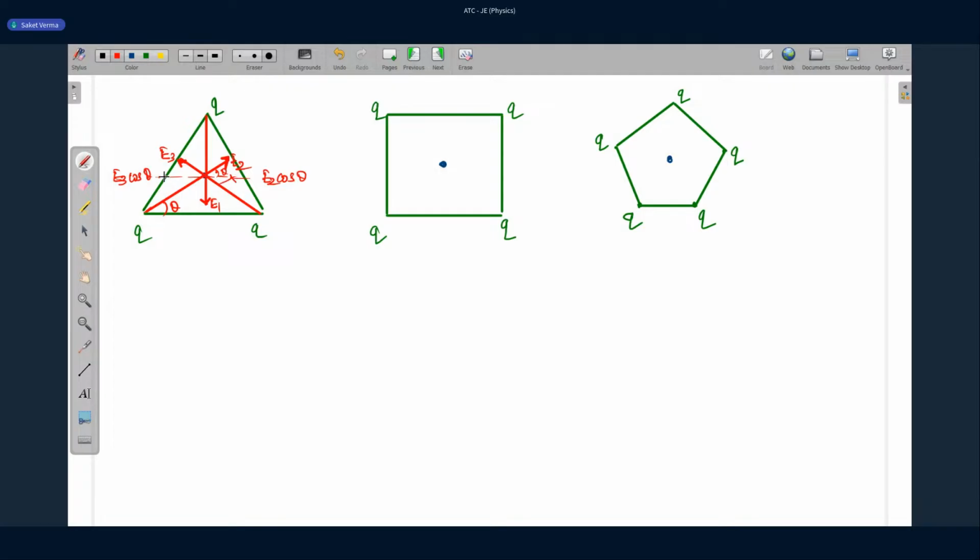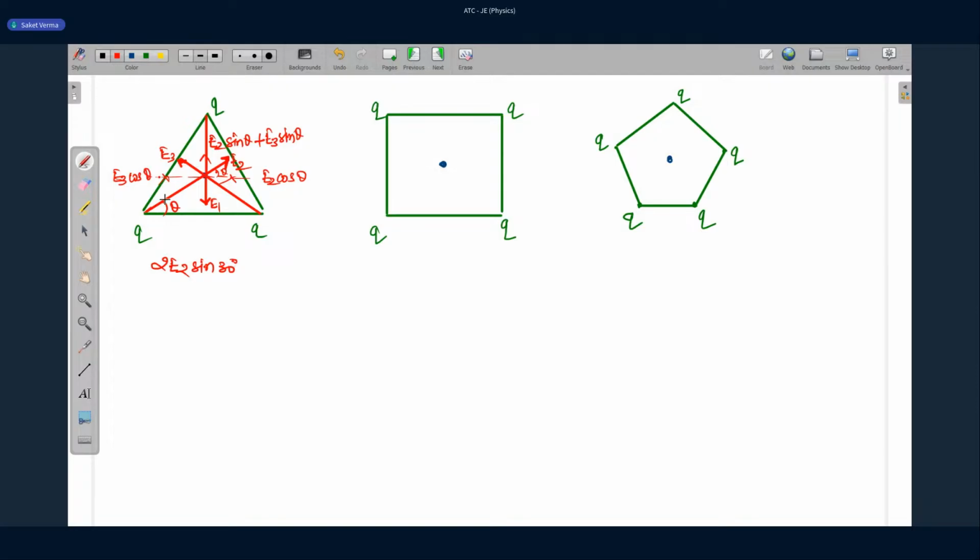The cos theta components will cancel each other, and here you will get E2 sin theta plus E3 sin theta. Both values will be the same because the distance from the vertex is the same. So it is nothing but 2 E2 sin theta.